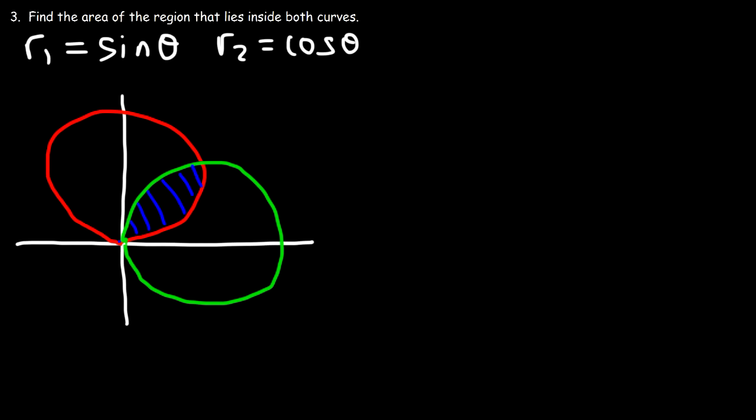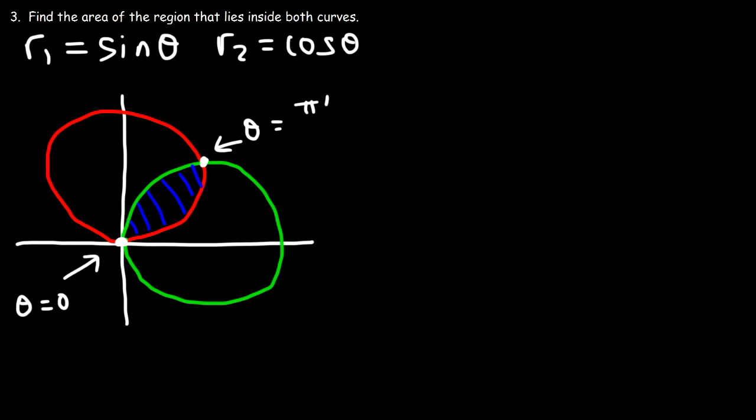Well, the first thing we need to do is find the points of intersection. So we know that at this point theta is equal to 0, but what about at this point? Sine 45 and cosine 45, they're both equal to the square root of 2 over 2. And so that's going to be pi over 4.